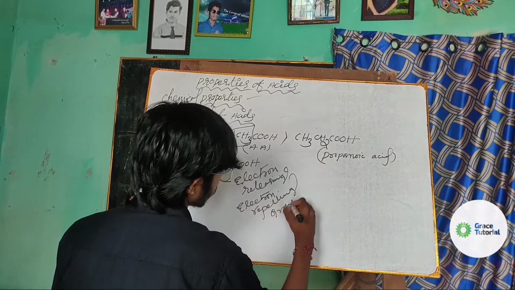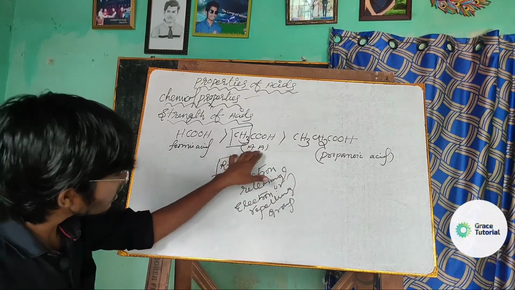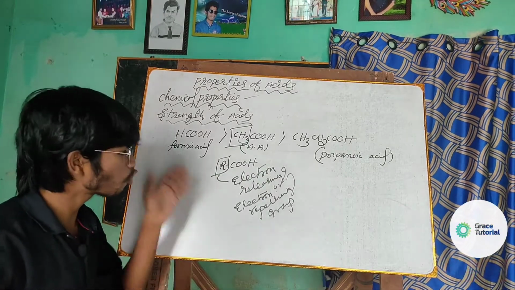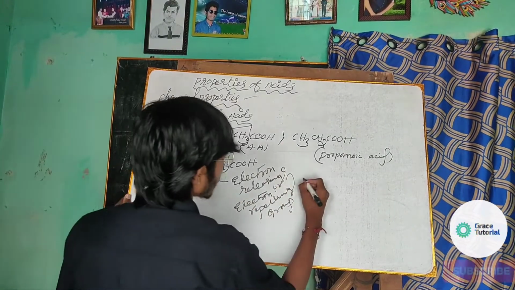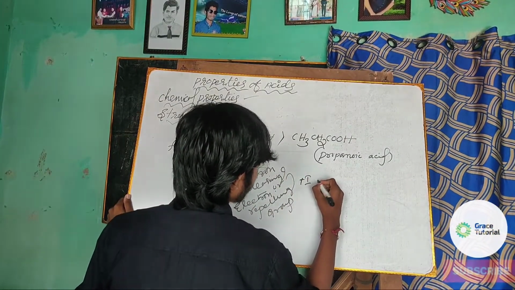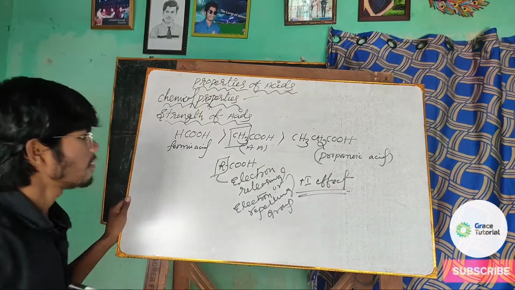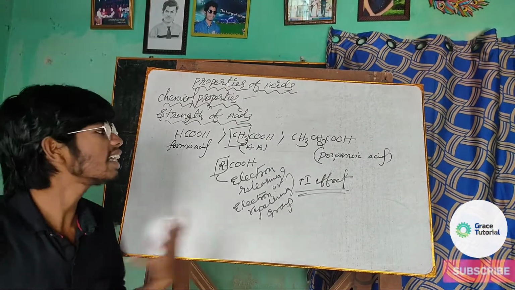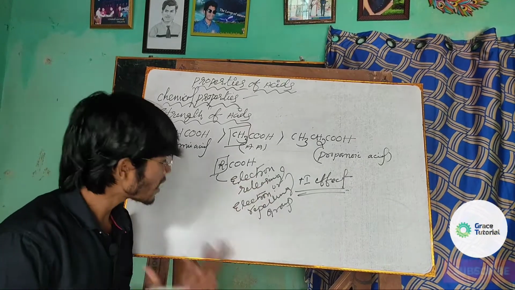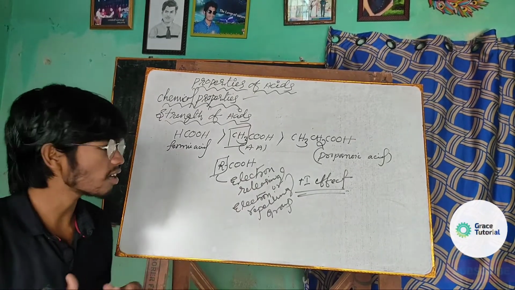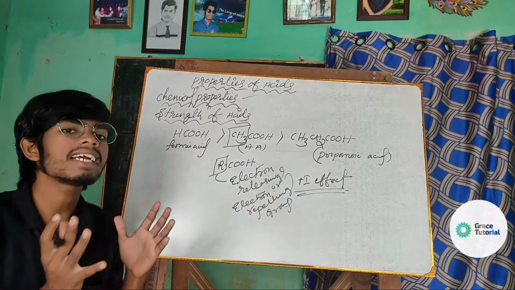Since the alkyl group is present in this acid, you know that the alkyl is an electron releasing group, which causes the plus I effect, positive inductive effect. That's why the acidic strength decreases. That means if the electron releasing group increases, which causes the plus I effect, then the strength of the acid gets decreased.